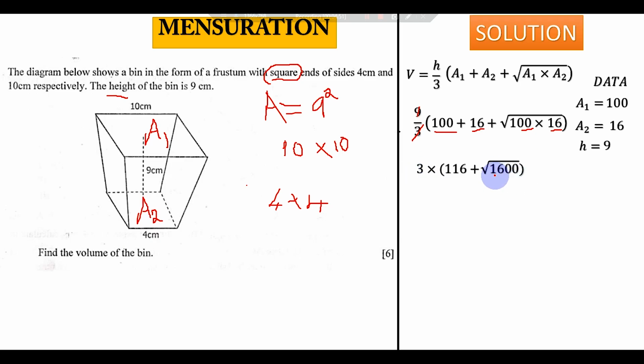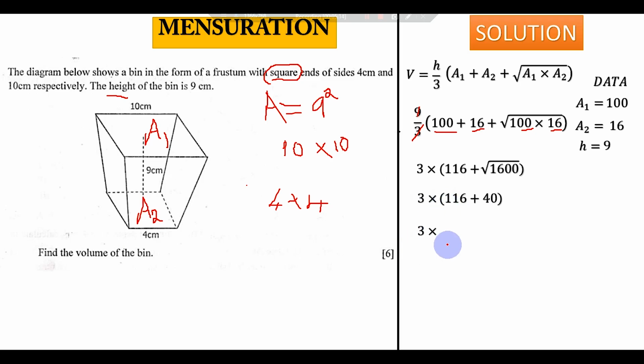So first of all, let us find the square root of 1,600. So punch on the calculator. What is the square root of 1600? Good, that is 40. Now I can add 116 plus 40. I'm still keeping the 3 because I'm not done inside the brackets.